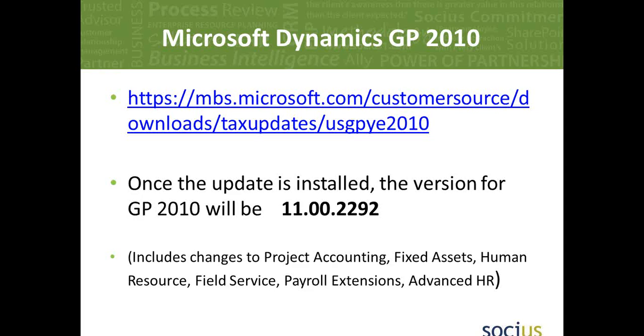So if you're on 2010, you're going to select Microsoft Dynamics GP 2010. If you're on 2013, then you'll select Microsoft Dynamics GP 2013. It'll take you to the page where you download the year-end update, and there will also be a PDF in there that you'll be able to download to walk through.